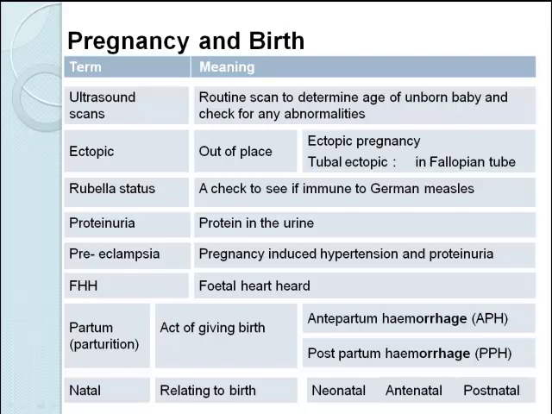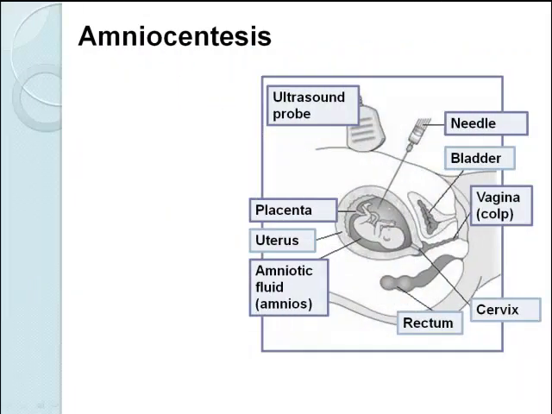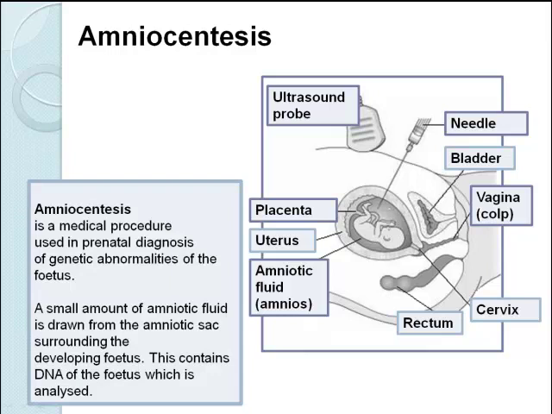But let's go back and look at one of the investigations that can be done, amniocentesis. Amniocentesis is a procedure that many women have to assess the health of their baby. It is a medical procedure used in prenatal diagnosis, that means before birth, for genetic abnormalities of the fetus, the unborn child.